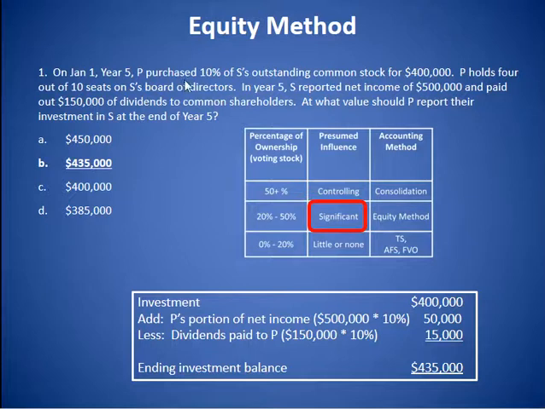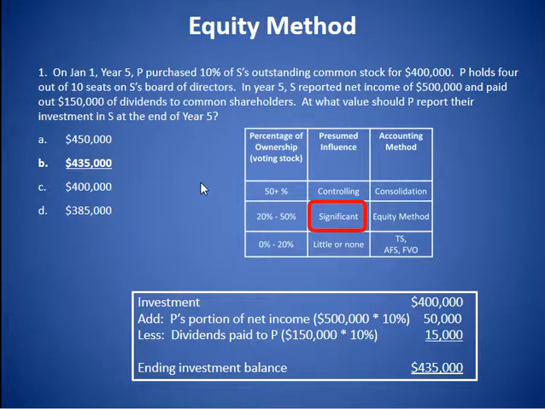And you'll see here it says P purchased 10% of S's common stock for $400,000. Well, if we look at the percentage of stock ownership, 10% is really not enough to invoke the equity method. We would most likely use the trading securities, available for sale, or fair value option for accounting for this common stock.